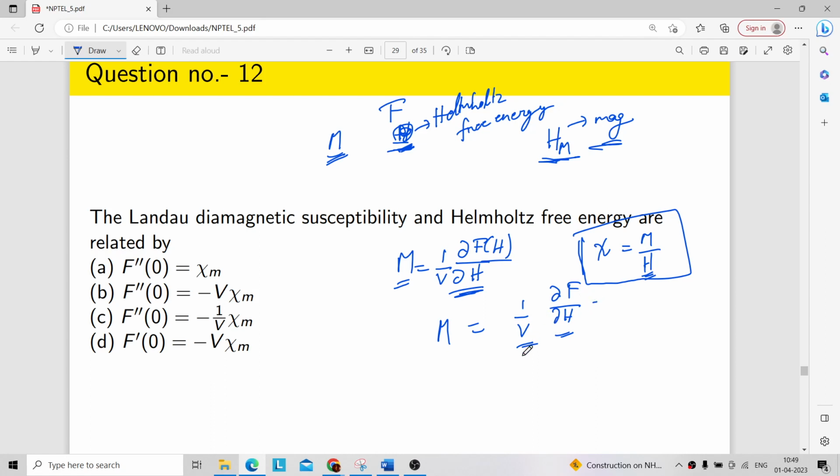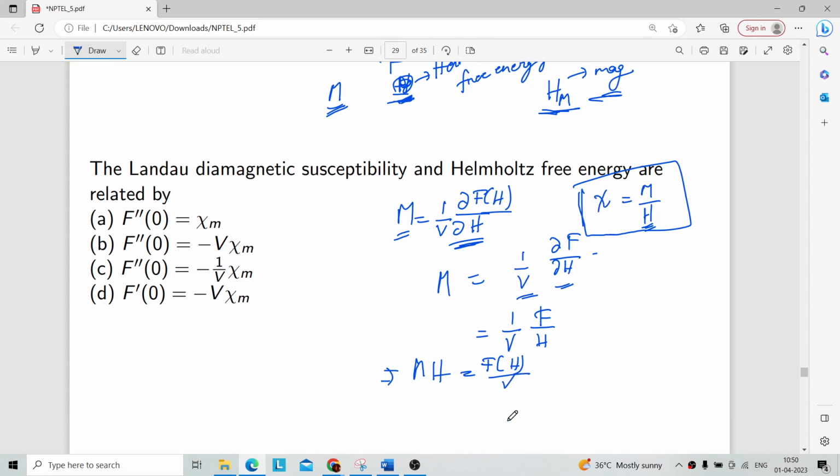I can write this del F as F over H if it is not very small. Then I can take this H to the left hand side, which will be M H equal to F of H over V.